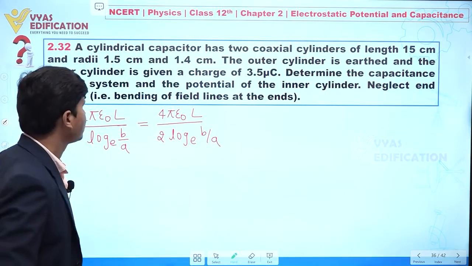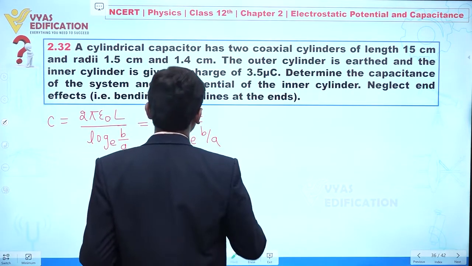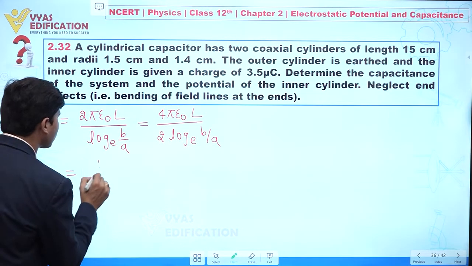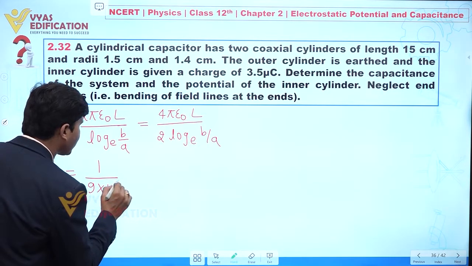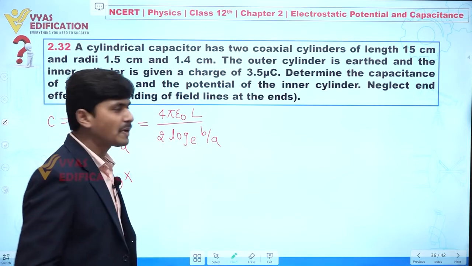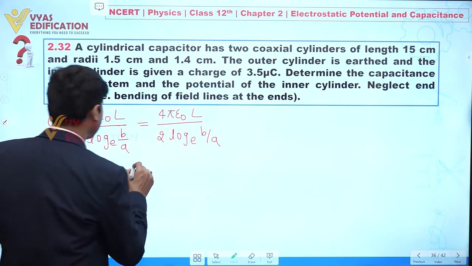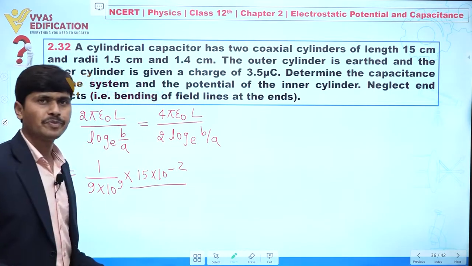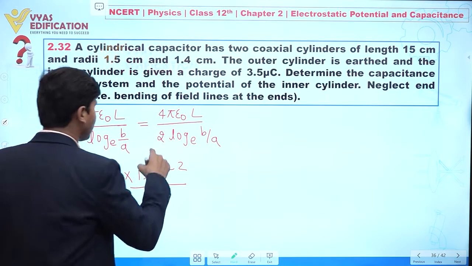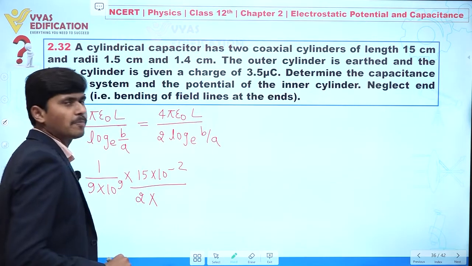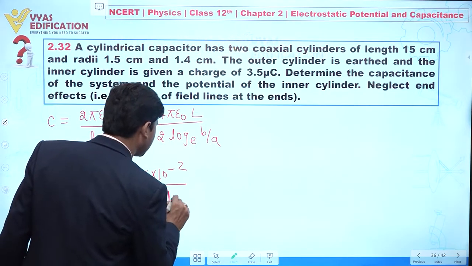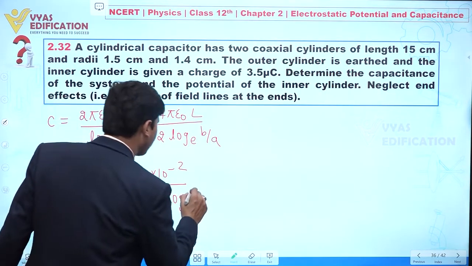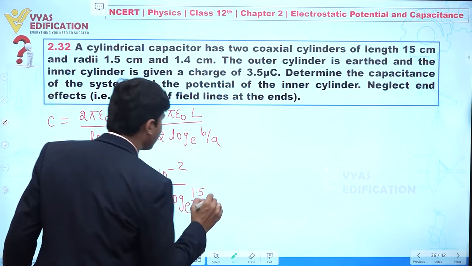Clear to everyone? Yes. Now 4 pi epsilon naught is equal to 1 upon 9 into 10 to the power 9, and it is multiplied with L. The value of L is given as 15 centimeter, so this is 15 into 10 to the power minus 2, divided by 2 log base e of B by A. The value of B by A is given as 1.5 divided by 1.4.